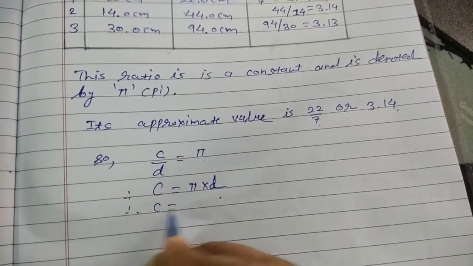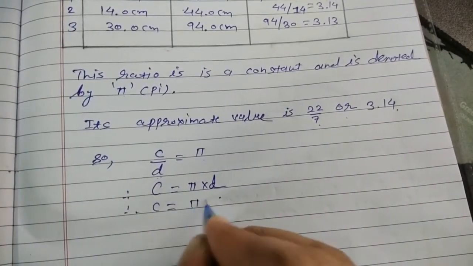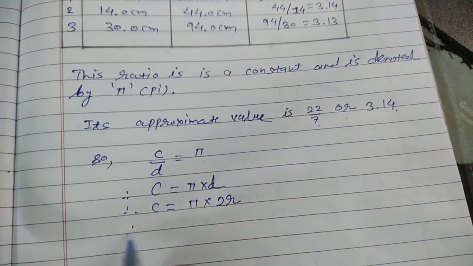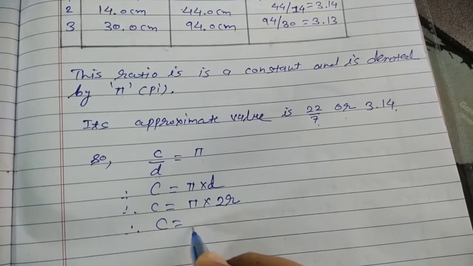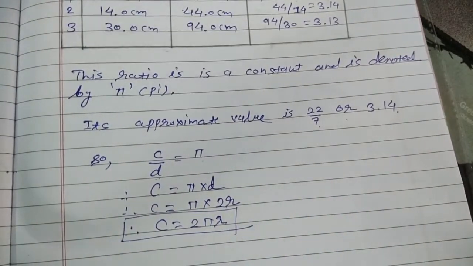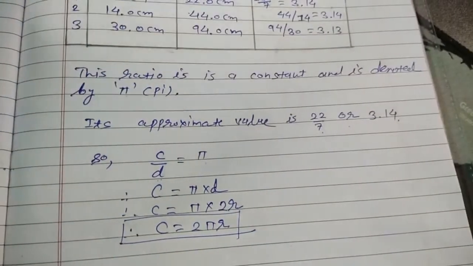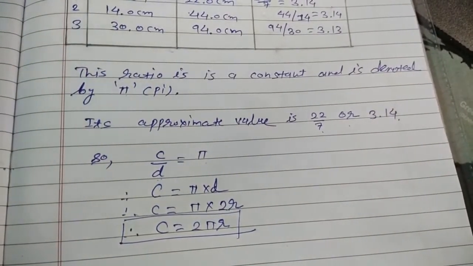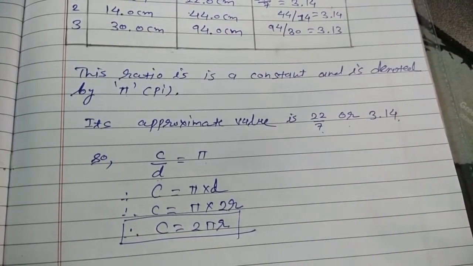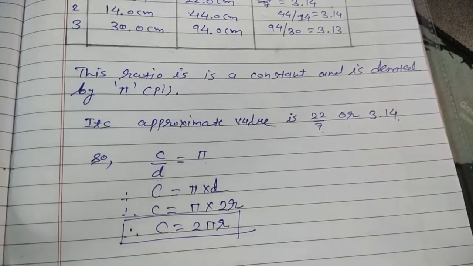That is 2r. So circumference is equal to pi multiplied by 2r, and therefore circumference is equal to 2 pi r. This is the formula for circumference. If we have the radius of a circle, we can find the circumference of that circle using this formula, that is circumference is equal to 2 pi r.